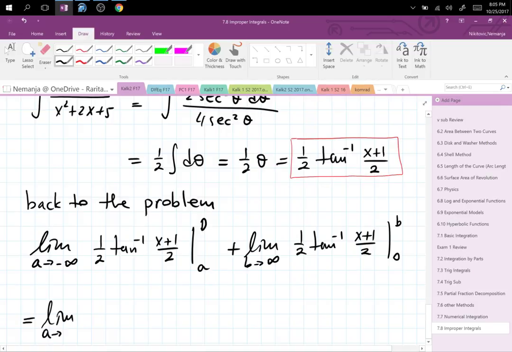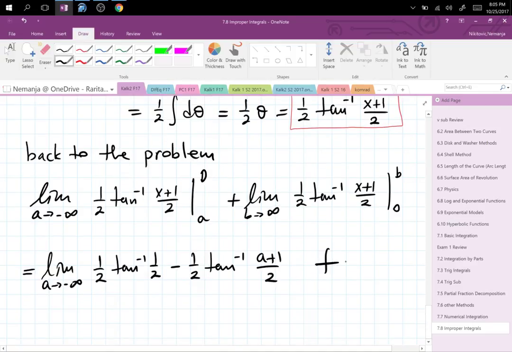Limit a goes to negative infinity of 1/2 of tangent inverse of 1/2 minus 1/2 tangent inverse of a plus 1 over 2.